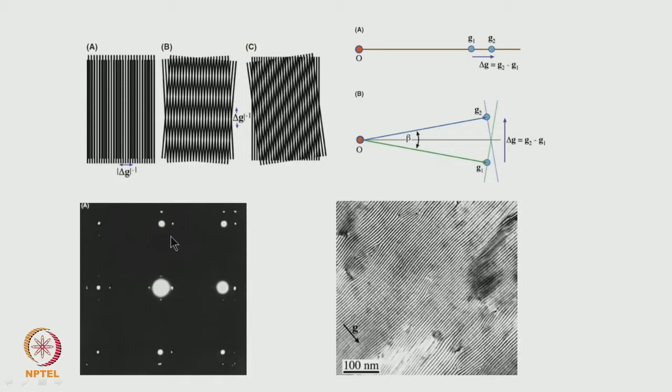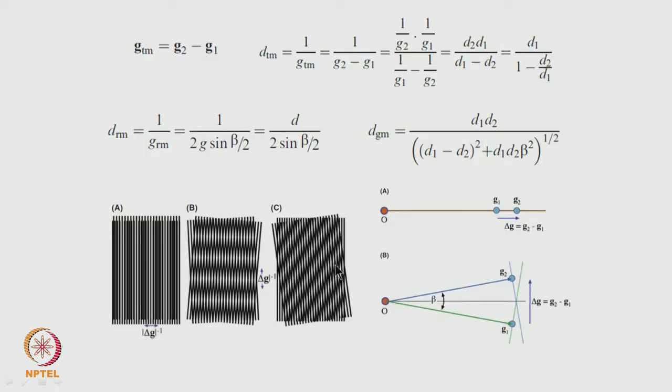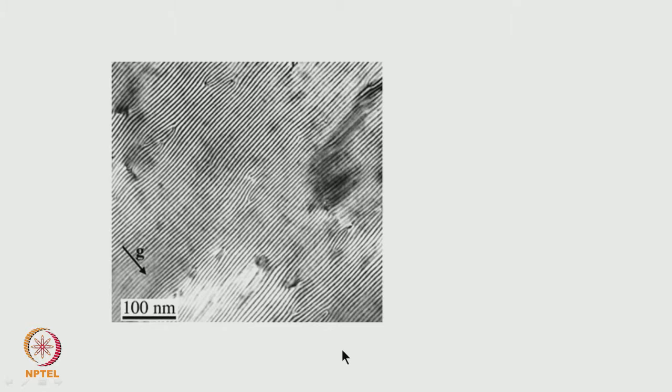What is essentially important is that if we measure the separation between these Moiré fringes, we can get information about the difference in the lattice parameter between the various phases. Okay. That is essentially what is being given here.